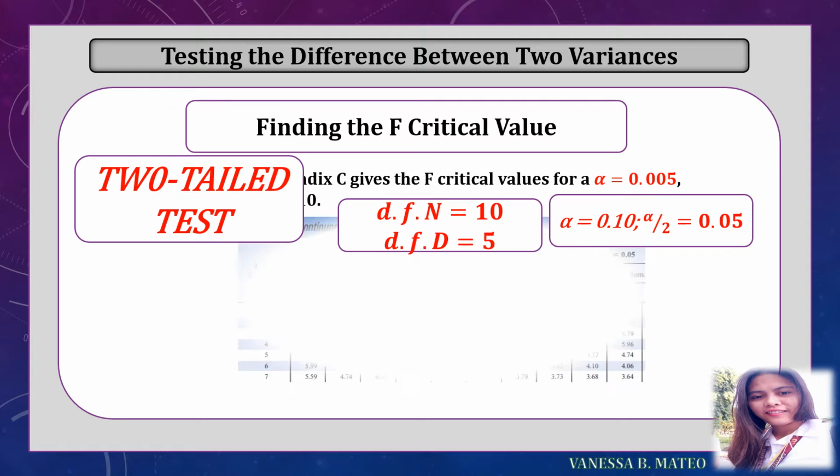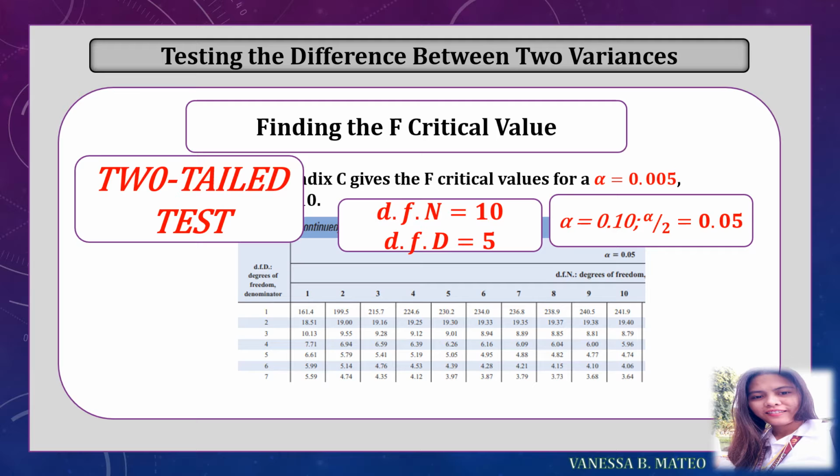So we will use the table H for alpha 0.05, and the same process applies with column 10 and row 5 for DFN and DFD respectively. Their intersection, which is 4.74, will be the F critical value. So that is how we find the F critical values for a one-tailed test and a two-tailed test.